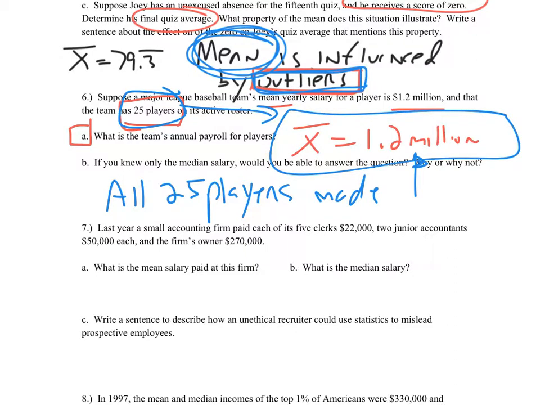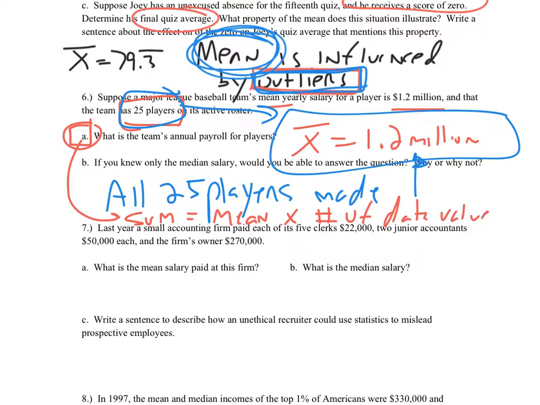What you can always do when you know the average, to get the sum of the data values, because that's what letter A is asking for, what is the team's annual payroll? To get the sum, you can always take the mean and multiply it by the number of data values.